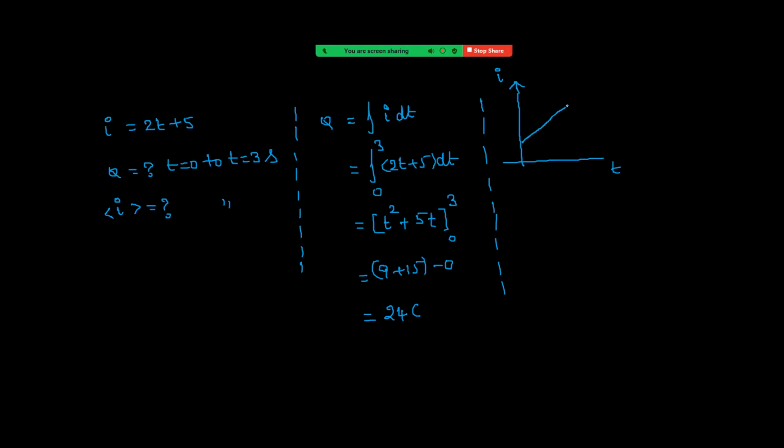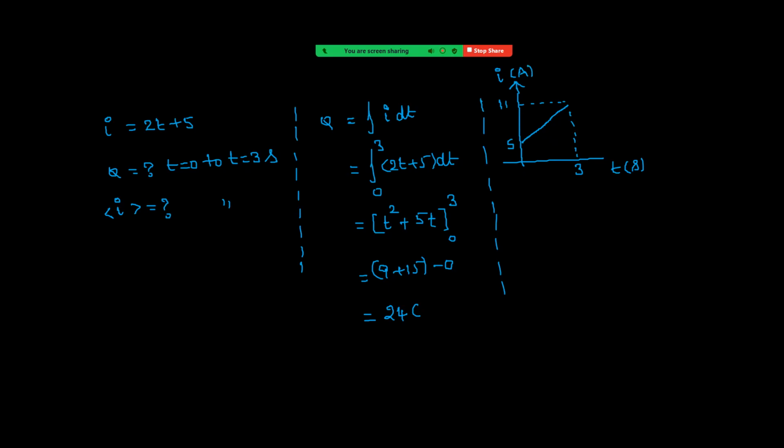So the graph is like this. It is asking for 0 to 3 seconds. When time t equal to 3 seconds, we can see the corresponding current. So t value 3 seconds, 2 threes, 6, 6 plus 5, 11. This is 11 and this is 5. It is in ampere.